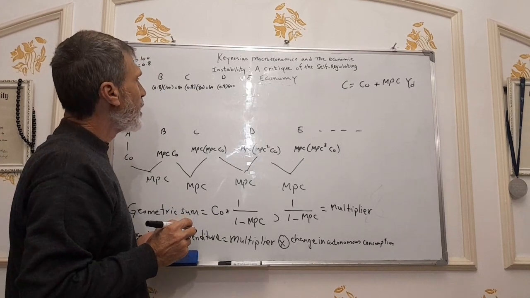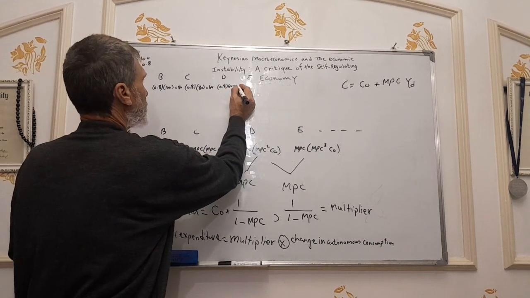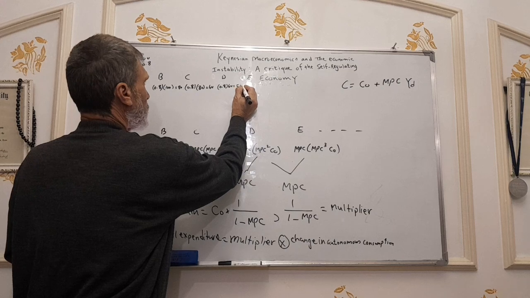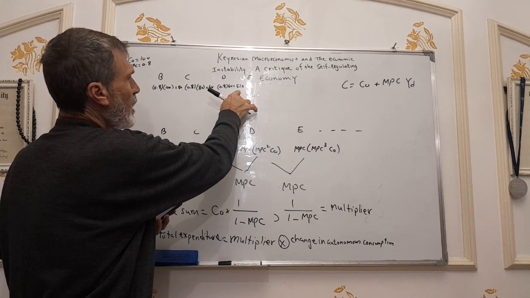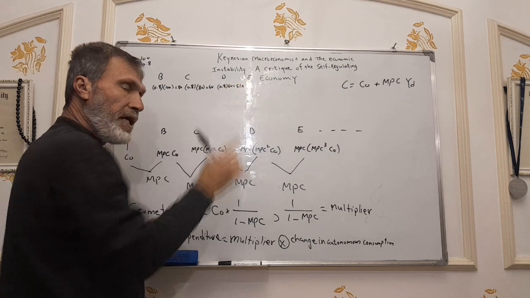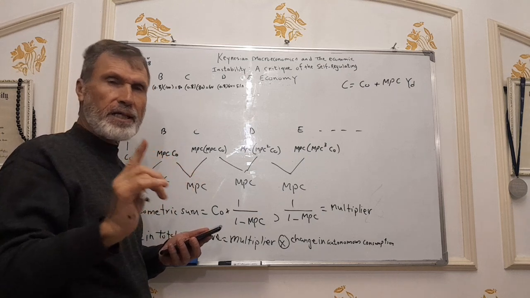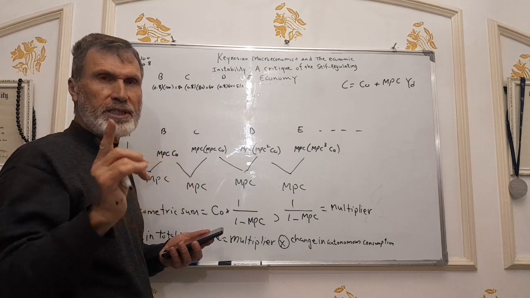Okay, so 0.8 times 64 gets 51.2. Now 51.2 becomes an income to E. E has to spend a portion of it based upon the MPC, which is 0.8.